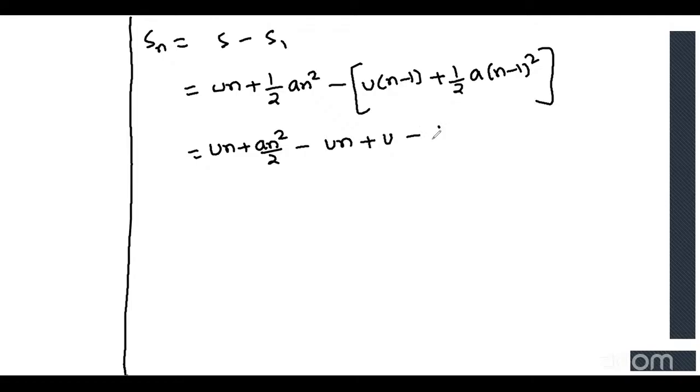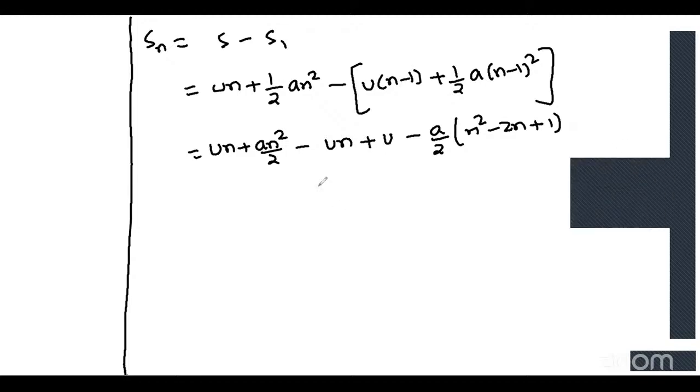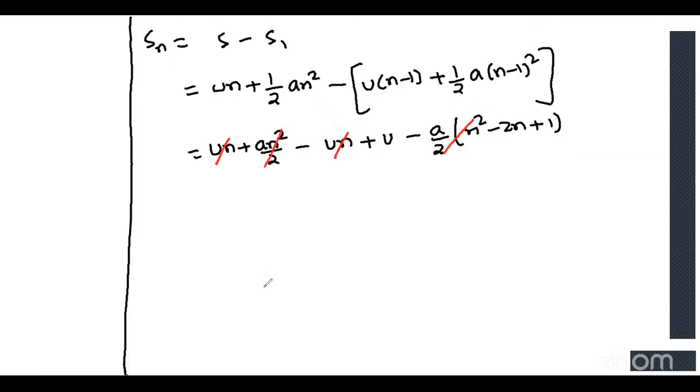The un terms cancel, and the an square terms cancel as well. That is u minus a by 2 times minus 2n plus 1. Take the minus sign common, which gives u plus a by 2 into 2n minus 1.